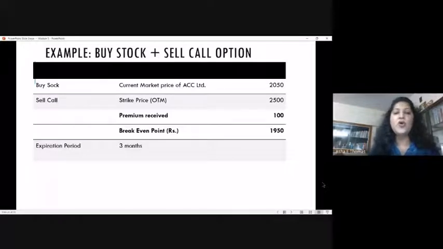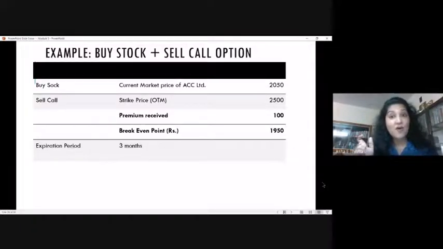Now, why do you call it out of the money when you are selling a call? Yes, that is because you are very bullish about the market, and you actually don't want to sell. But if you get a good strike price as your profit expectation, you're ready to exit the market. Out of the money means the current asset is available at 2,050, but you're going to sell your call at 2,500 for a 3-month period.